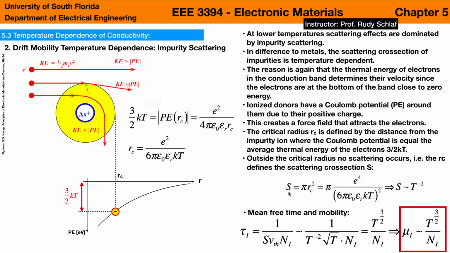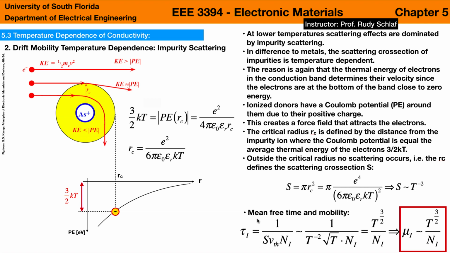So this critical radius now is, of course, defining the size of the impurity for scattering purposes, and so the scattering cross-section is just pi times R_C squared, and with that we get a temperature dependence of the cross-section that is 1 divided by T squared.